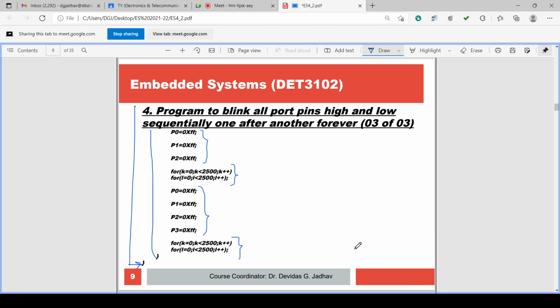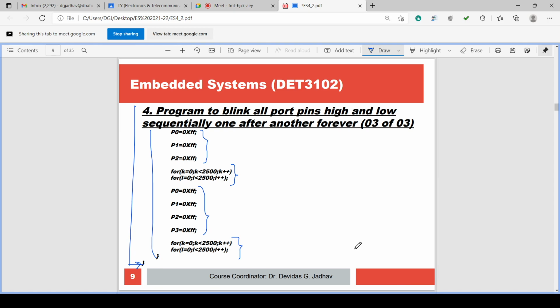The logic is: all four ports are 0, then sequentially one by one ports are made high. The 0th port is made high, then delay, then the 0th and first port are made high, then delay, then 0th, first and second ports, then delay, then all four ports are made high, delay is given, then all ports are made 0.